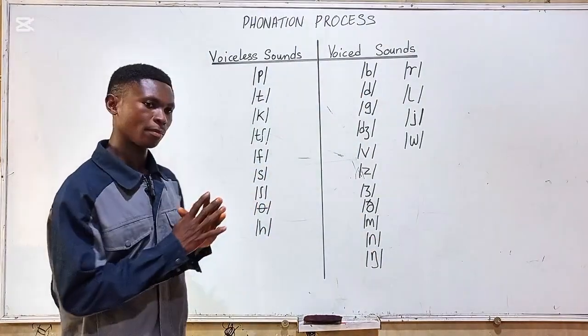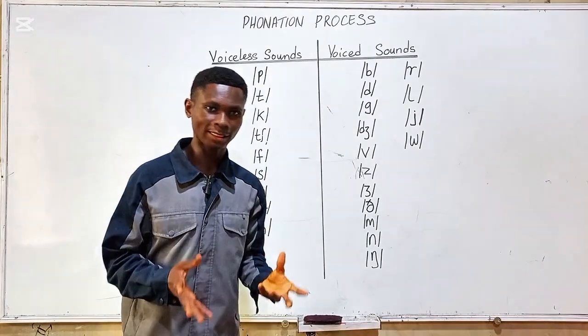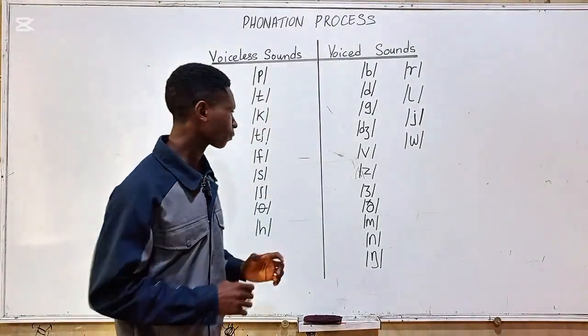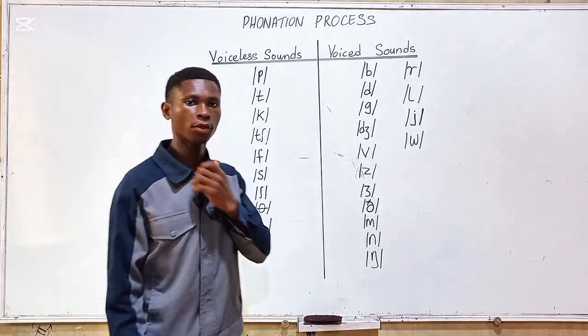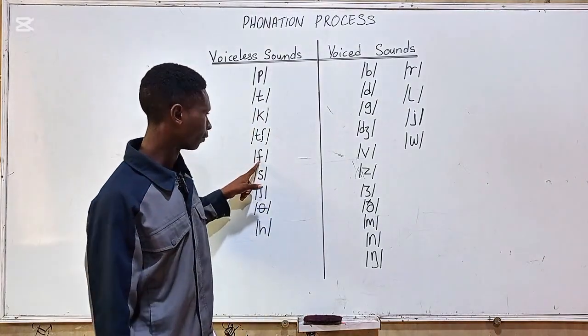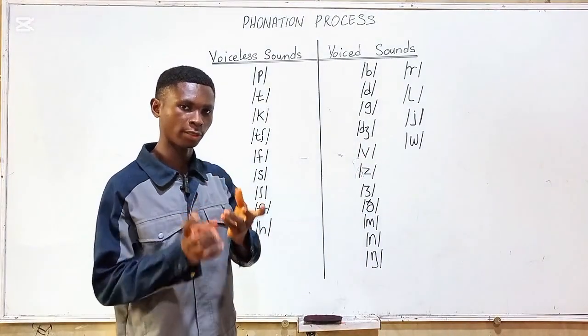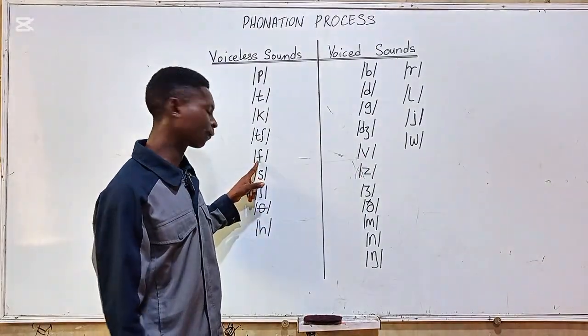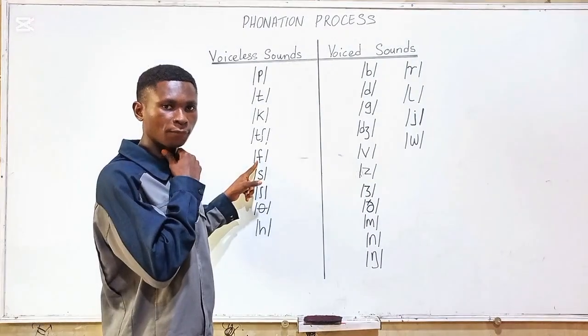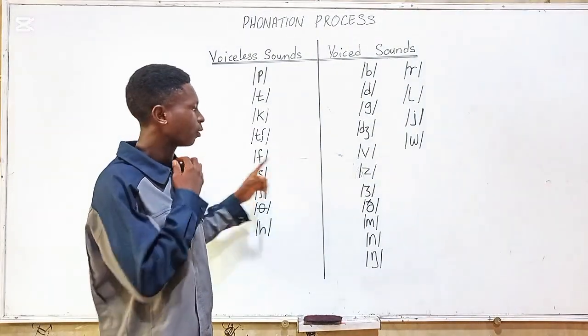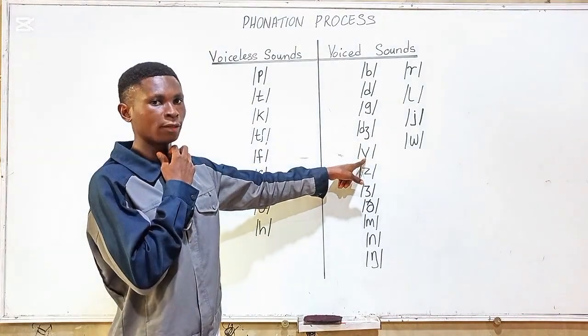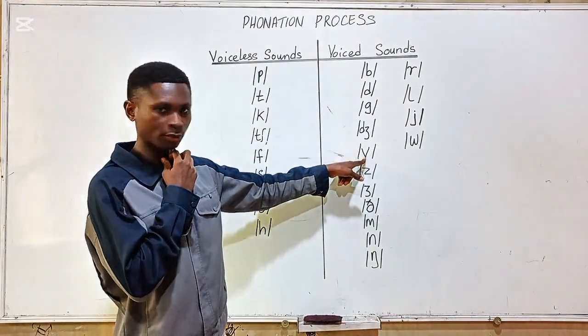So we can make a little practical at this point. Just touch your throat and say this sound and also say this one and spot the difference. Here we have, there's no vibration, but when you say this one, there is vibration.